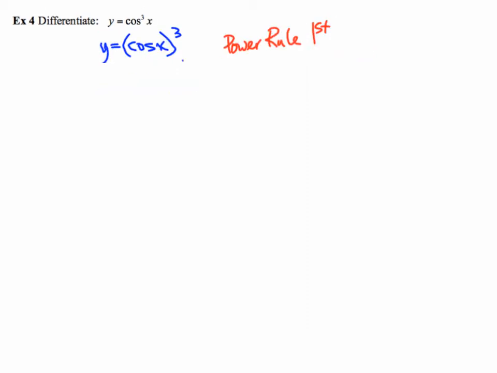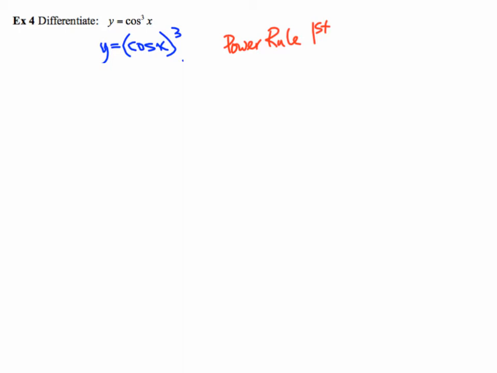In this next example, I need to take the derivative of cosine cubed x. And so cosine cubed x can be written as cosine x in brackets all cubed. So notice that this is different from the previous example. So I want to do this first.